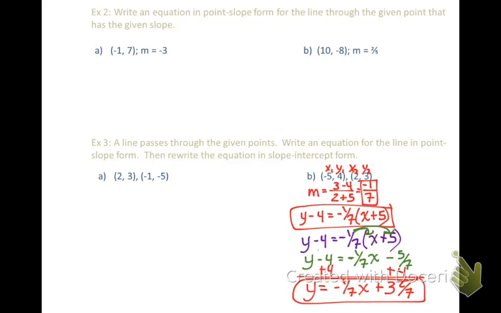And then I distributed and added 4 to both sides to find my answer for slope-intercept form. And so the slope-intercept form is y equals -1/7 x plus 3 and 2/7. There's your answer to B.